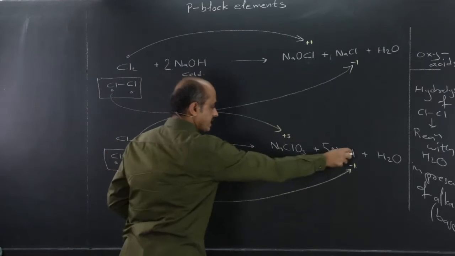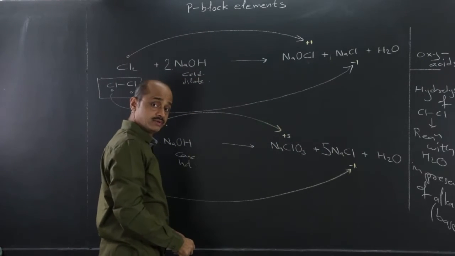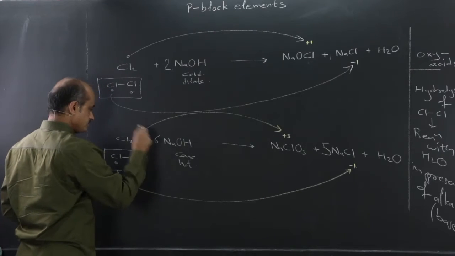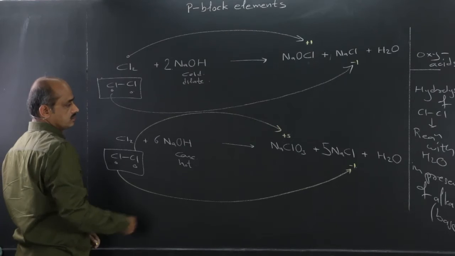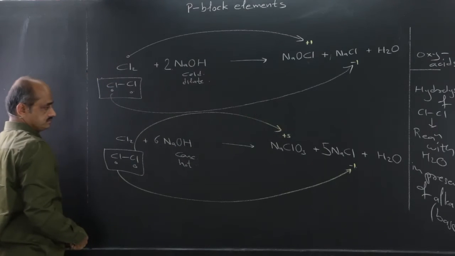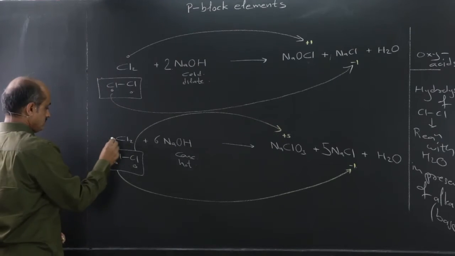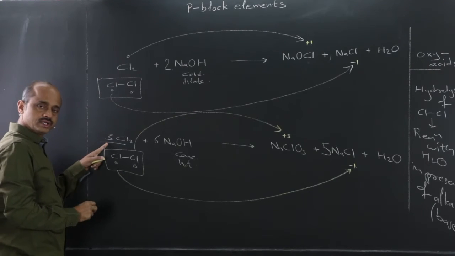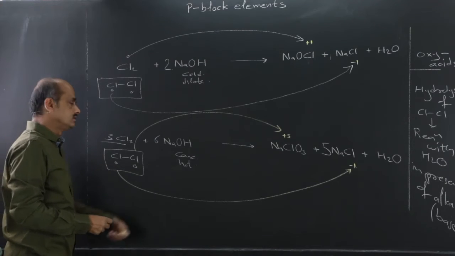For 1 chlorine, 5 chlorine of -1 are required. Total sodium becomes 6. Total atoms of chlorine therefore now become 6, means 3 molecules. So, 3 molecules of chlorine means 6 atoms of chlorine.